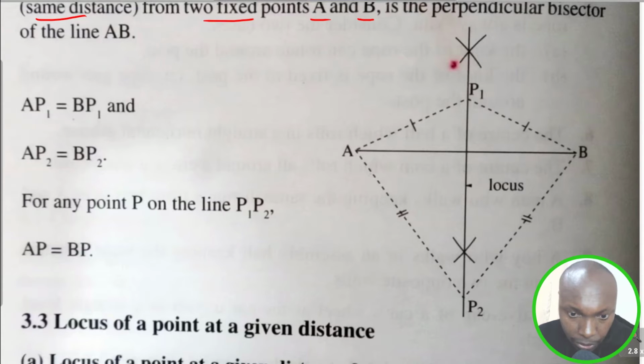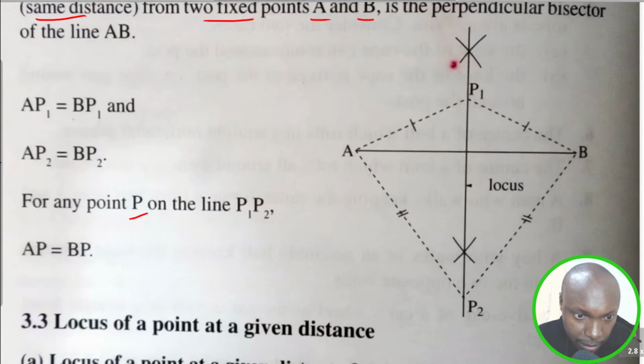So for any point P on the line P1P2, AP is equal to BP. The locus therefore is this perpendicular line. Any point that lies on this line that bisects line AB is the locus that we are talking about. So that is the first locus.